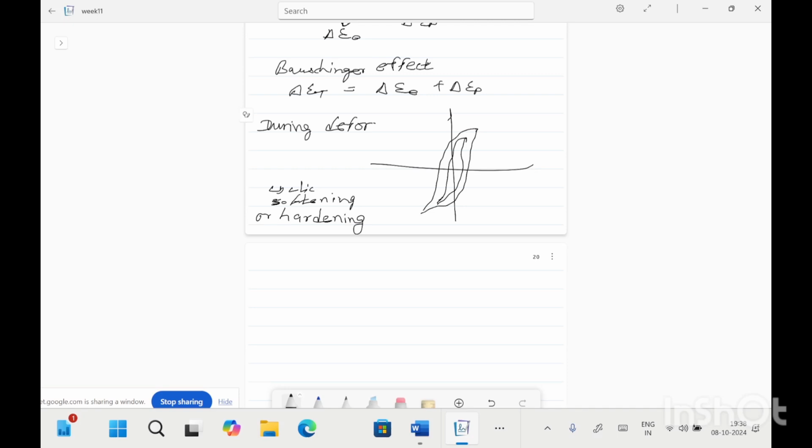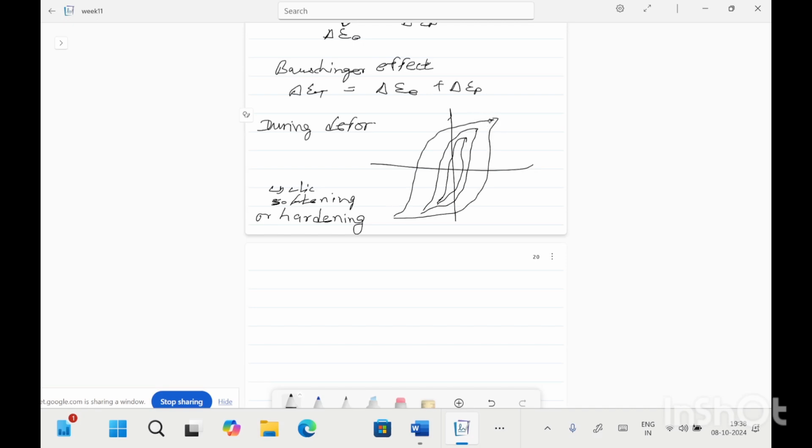As the deformation proceeds, a stability in the deformation behavior is achieved, and the stress strain loop will also achieve a stable region.